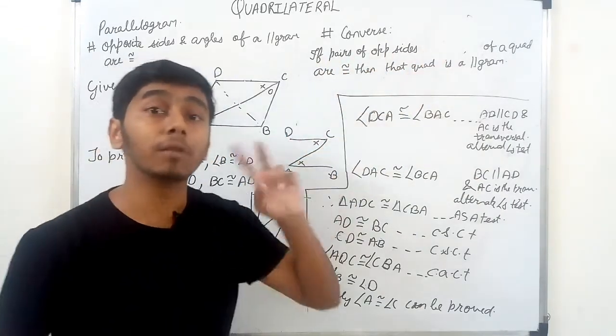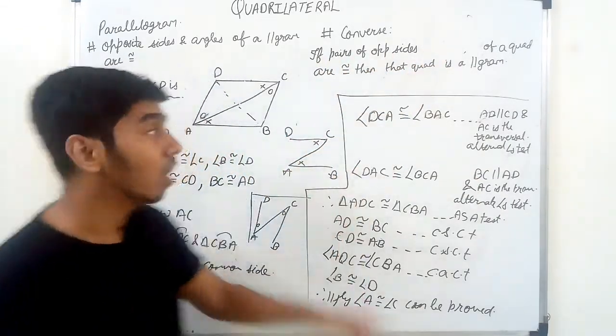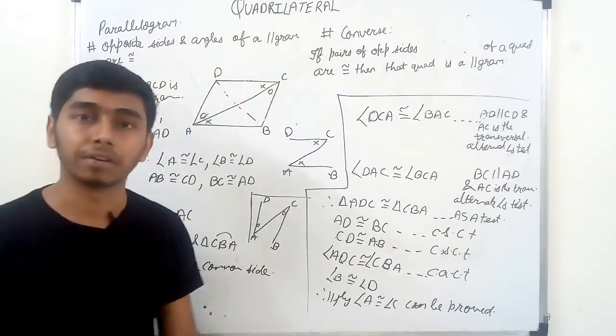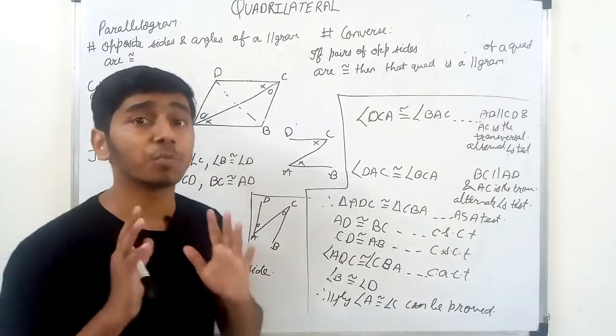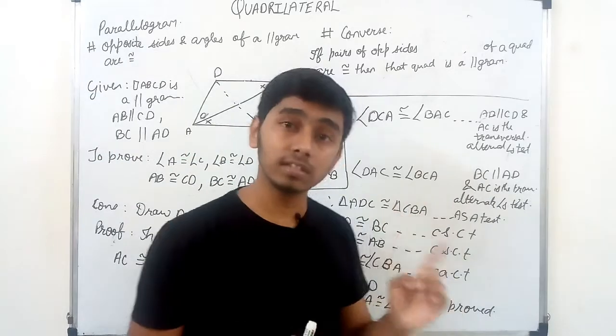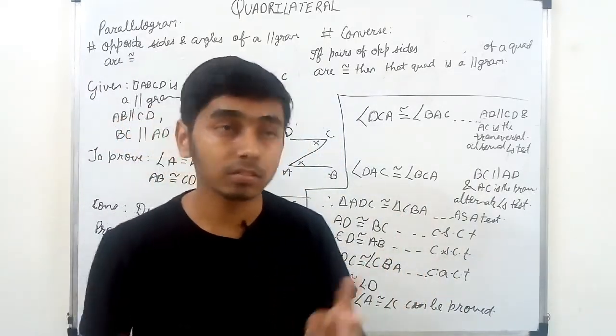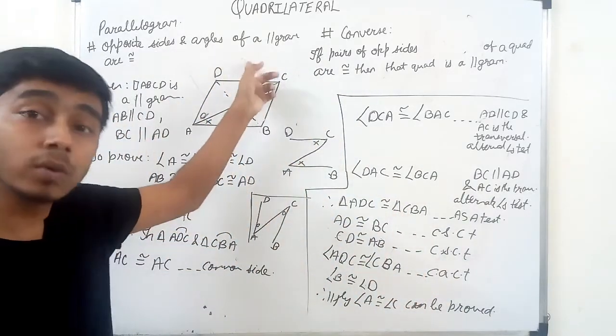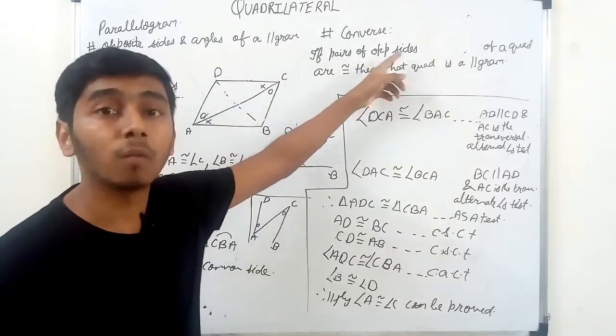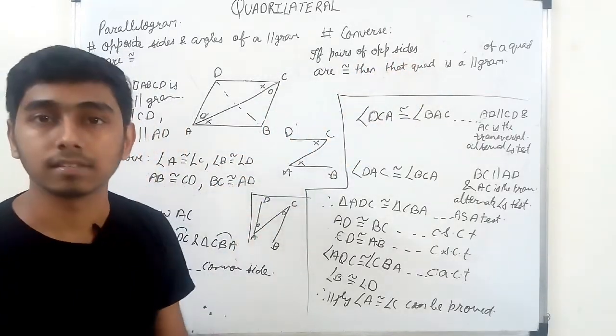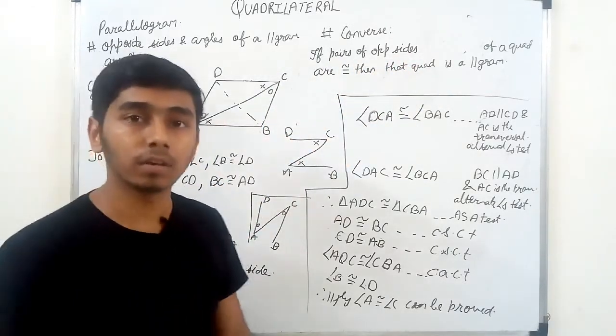So there will be two theorems on the converse. In all, there are three theorems: this one, then the converse on sides and the other on angles. So let's see that.